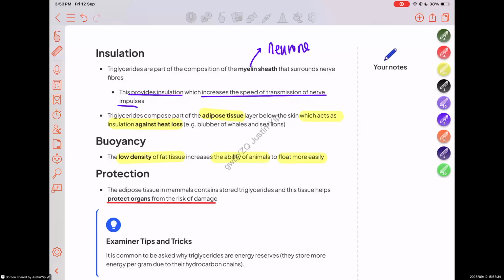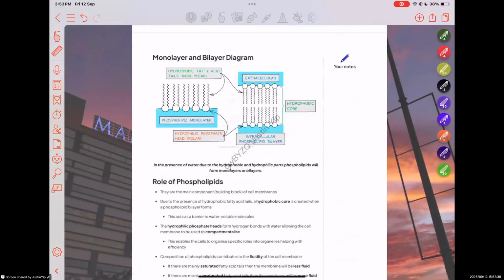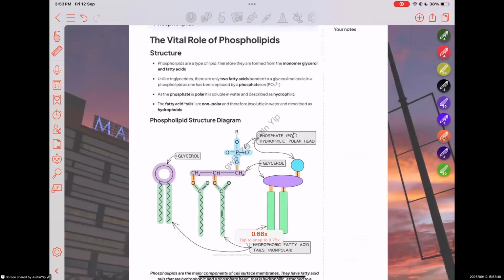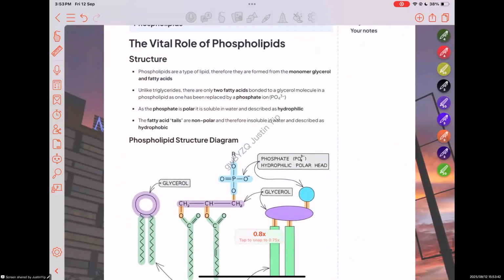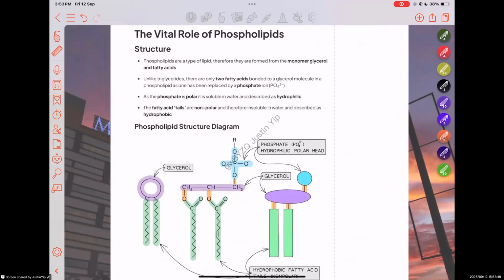And after that, the last part, before we end our class. The important role of your phospholipid. Phospholipids are also formed by lipids, and they also have glycerol and fatty acid.